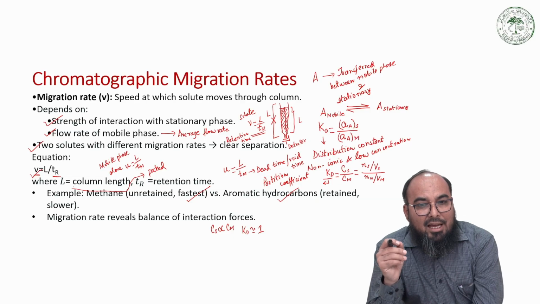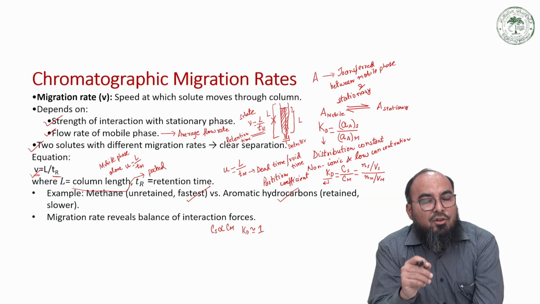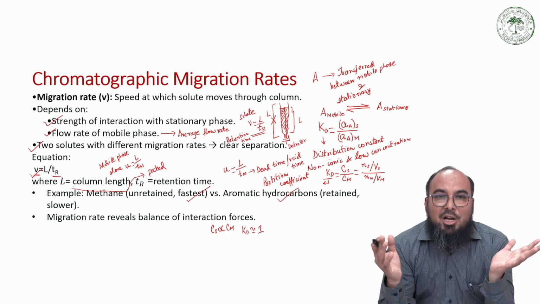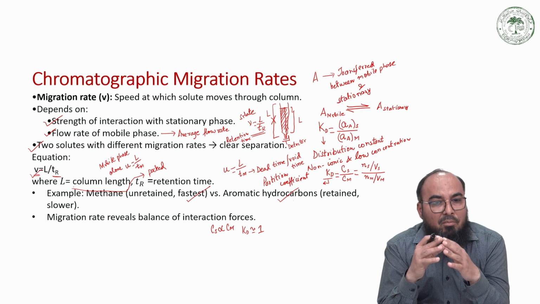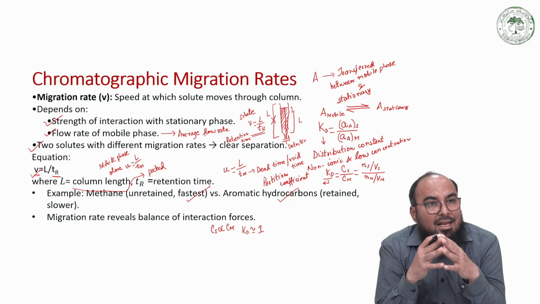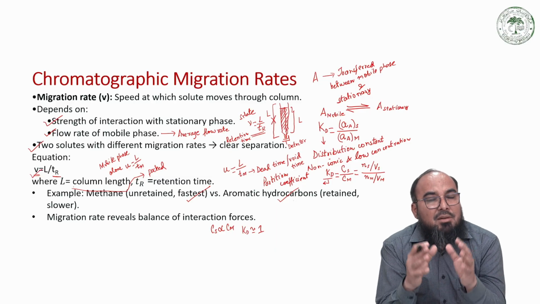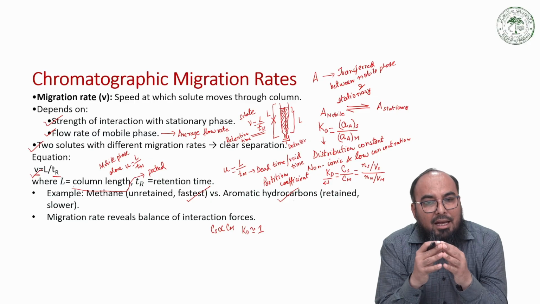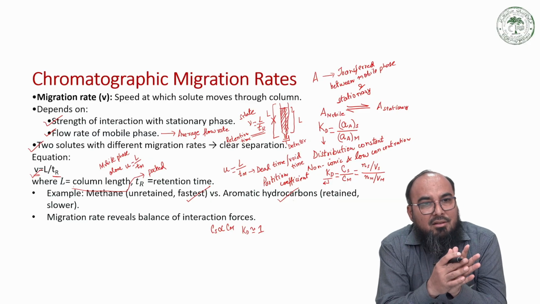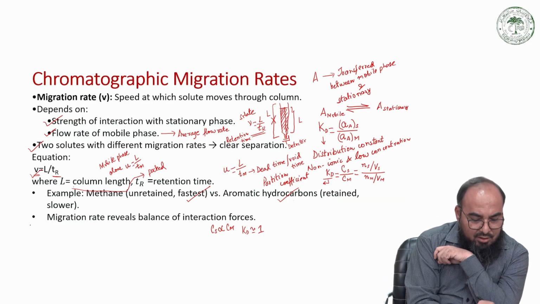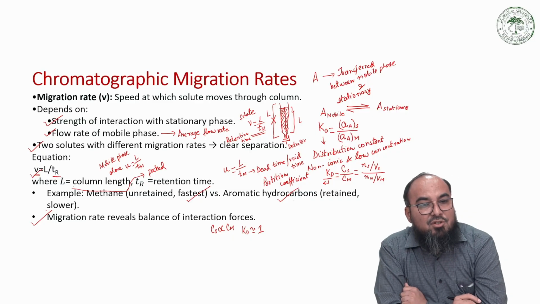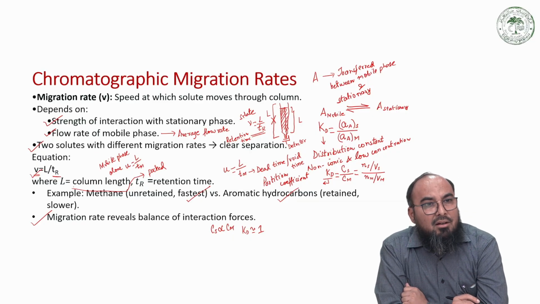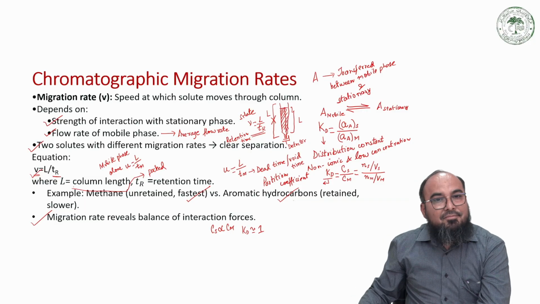So any sort of interaction will give you TR, and any sort of non-interaction or zero interaction gives you Tm. So migration rate reveals the balance of interaction forces between the components to be separated and the stationary phase. Migration rate gives you the idea about the interaction of different components with the stationary phase.